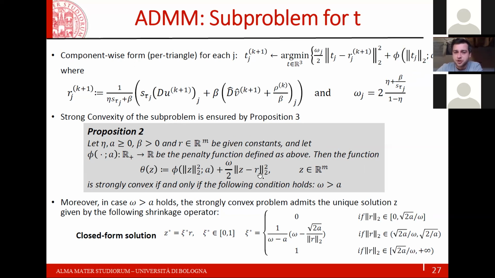Applying proposition 2, we can add an additional constraint on the value of beta, such that all the subproblems for t will be convex as well. In that case, the shrinkage operator that represents the solution for this subproblem has a closed form in the following way.